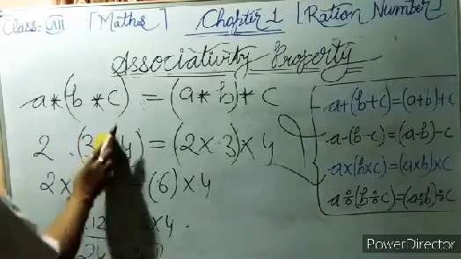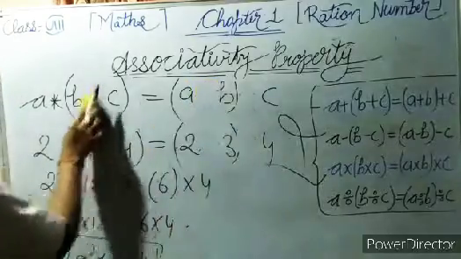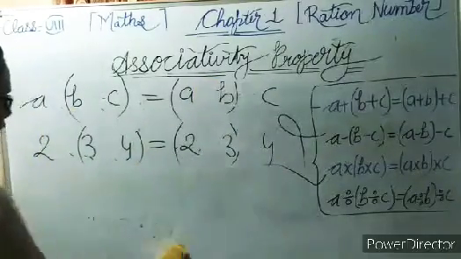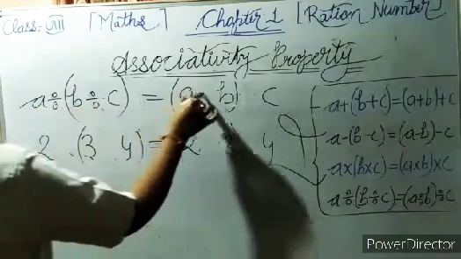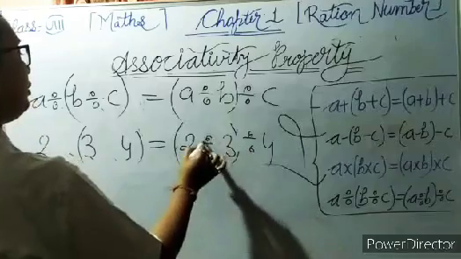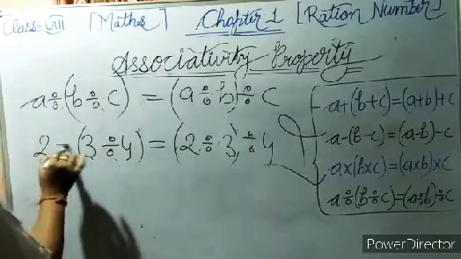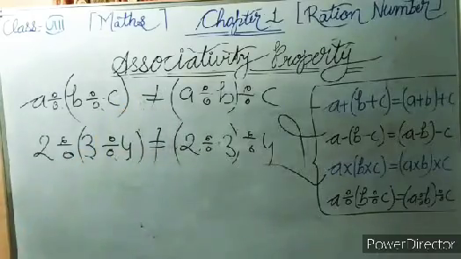But if we divide, we will not get the same number like earlier. It is not the same. So we can say that division is not associative.